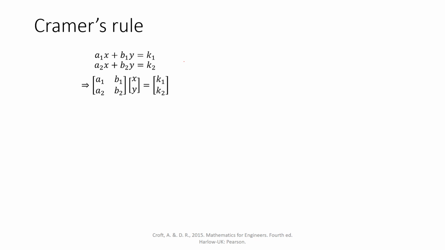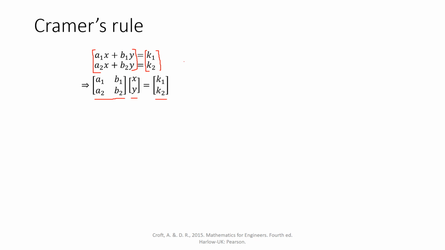So first of all, we put the system of these equations into matrices, two matrices, one on the left, the other on the right. The left matrix can be split into two matrices. One is the coefficient matrix, another is the variable matrix, and the right side is the same.